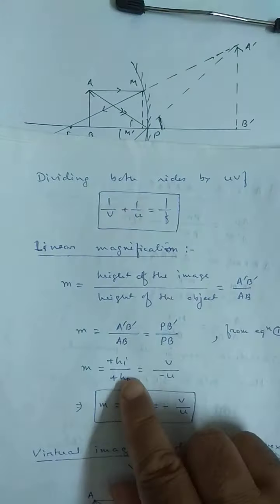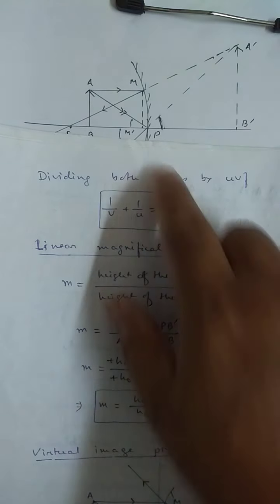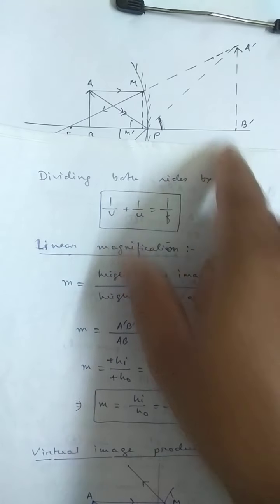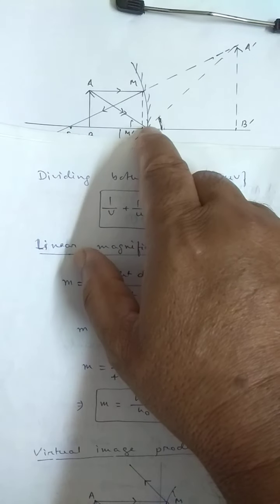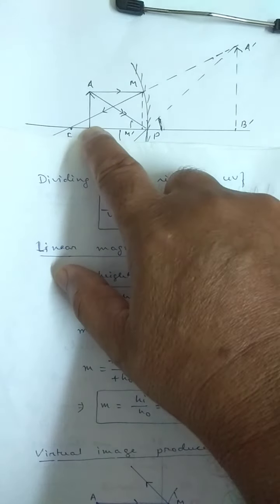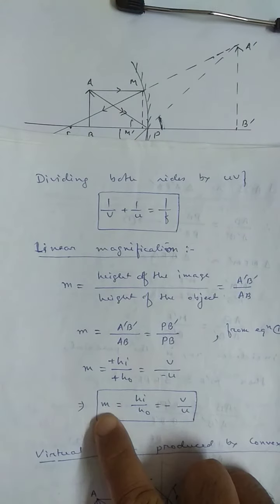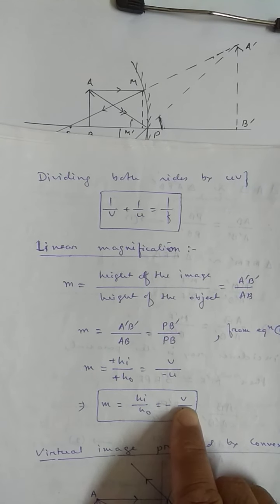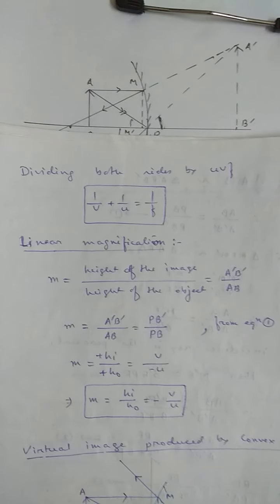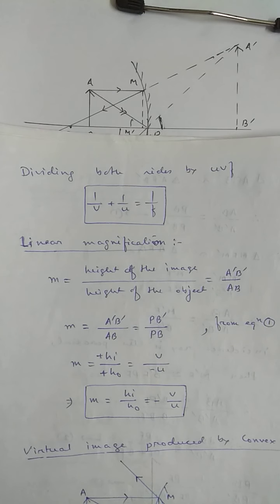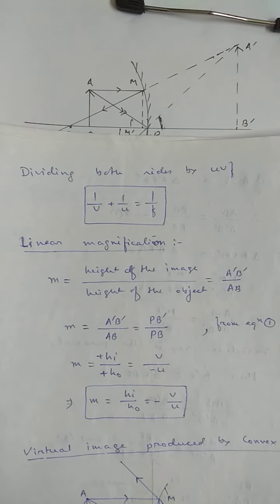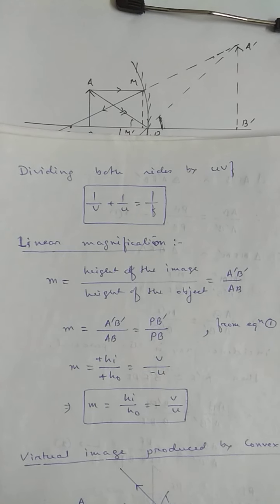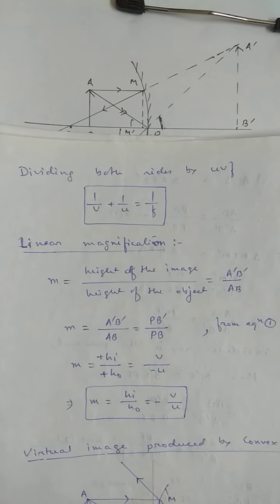PB dash is plus v. PB is minus u. Therefore, m is equal to Hi by Ho is equal to minus v by u. This is the expression of magnification for a concave mirror producing a virtual image.